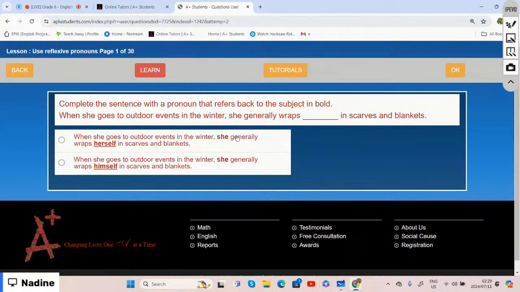So it says when she goes to outdoor events in winter, she generally wraps, do we say herself in scarves and blankets, or she generally wraps himself in scarves and blankets? Does she refer to herself or does she refer to himself?